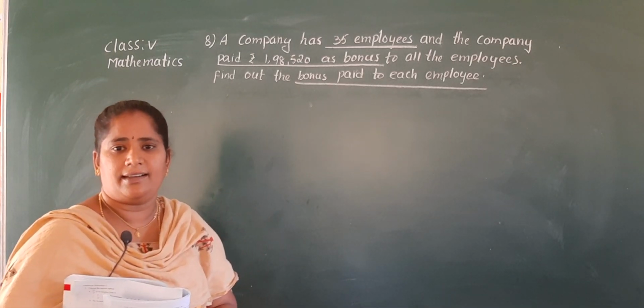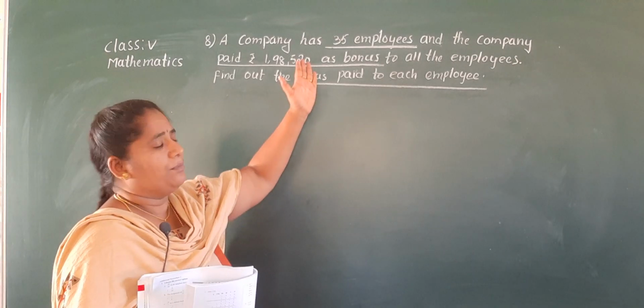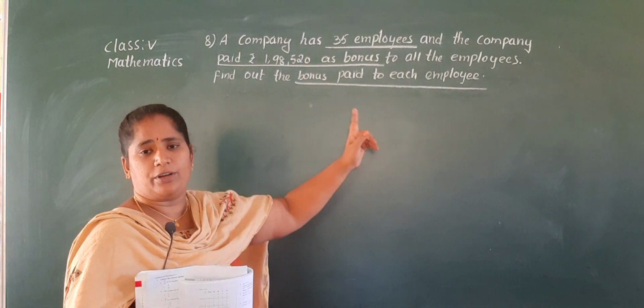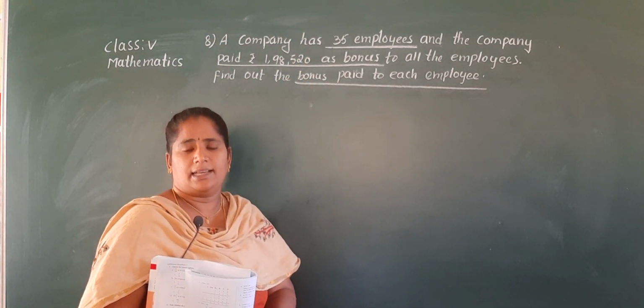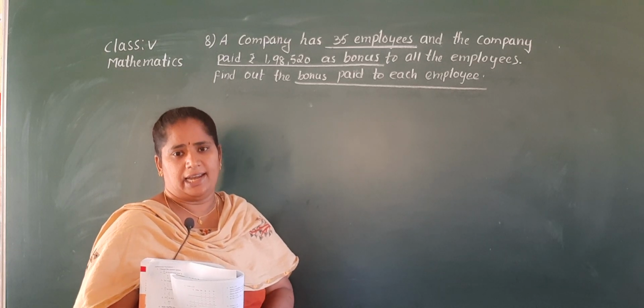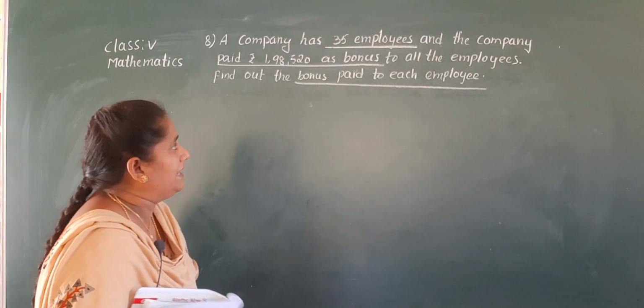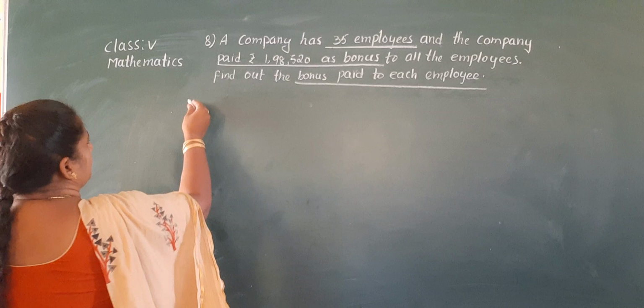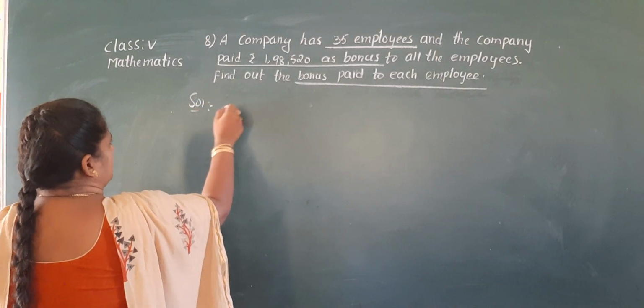Okay, how do we get that? If they are given more quantity, we have to find only one quantity. In this case, we do division. Yes? Okay, write down. Bonus, simple steps I will explain.